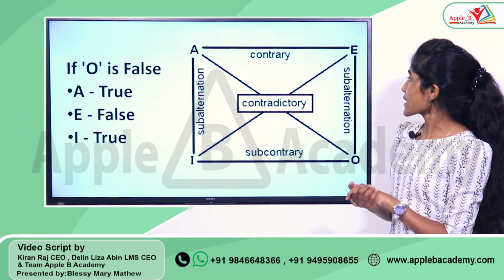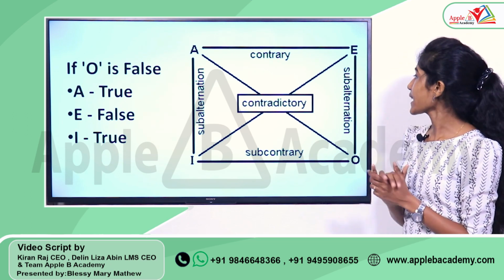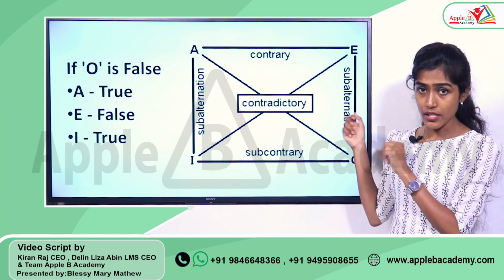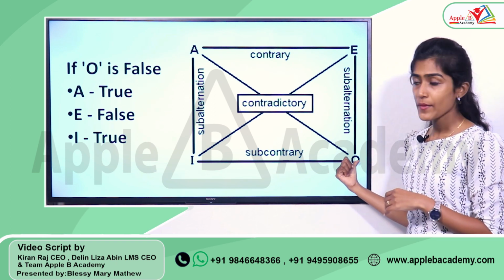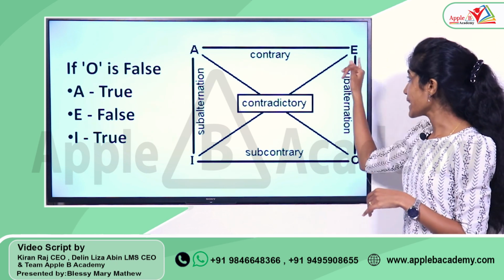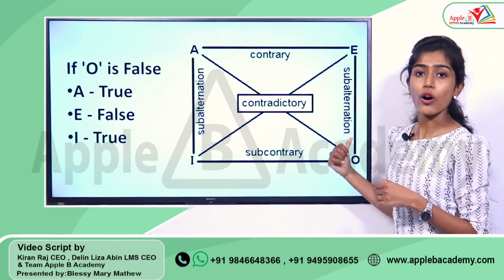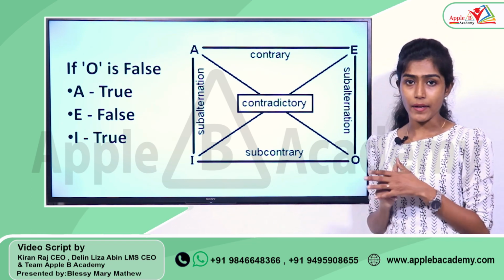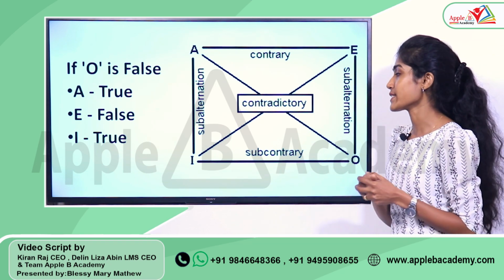Then the next one is O and E. They are connected in such a way that the relationship is titled subordination. If O is false, then E will definitely be false. If O is true, then E will be undetermined. Likewise, if E is true, O will be true. If E is false, O will be undetermined. We have discussed this several times in the previous questions.